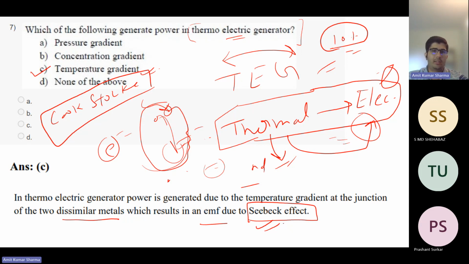So they are putting this small TEG device on their cook stoves, converting the heat of the cook stove into electricity, and they can use this electricity to charge their mobile phones, other electronic devices, or to light a small bulb. It's a very good initiative. So TEG is very good for waste heat recovery.